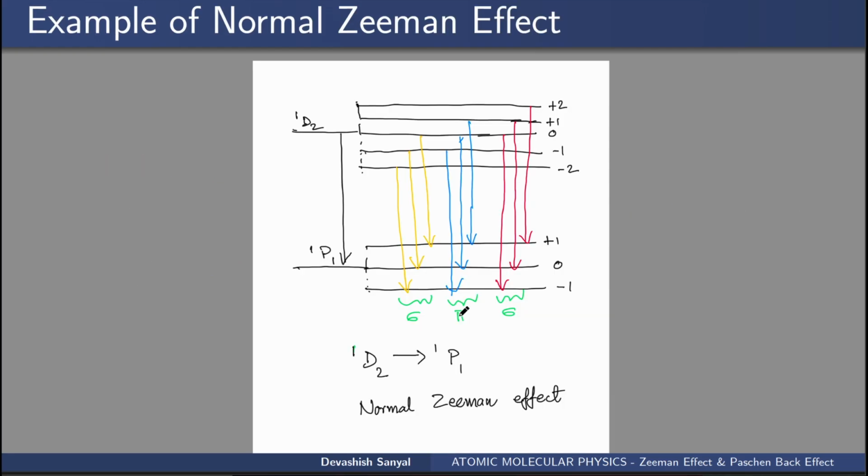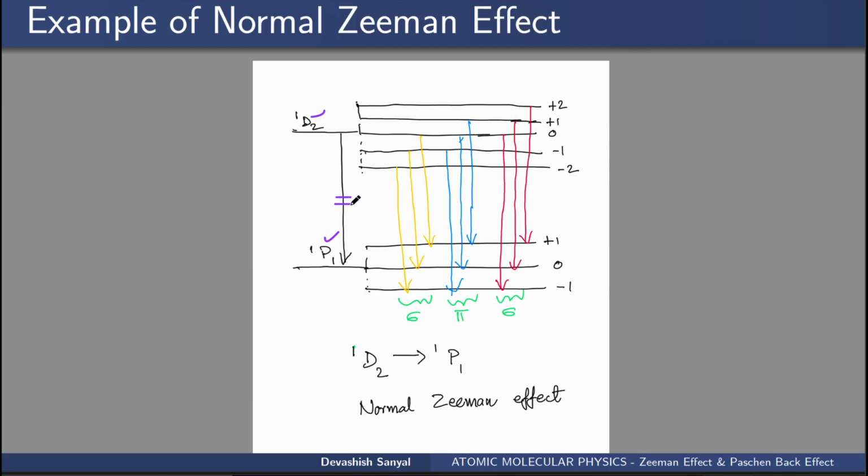With this knowledge, we have two energy levels, say 1D2 and 1P1. For these two energy levels, there is a transition given by this line.